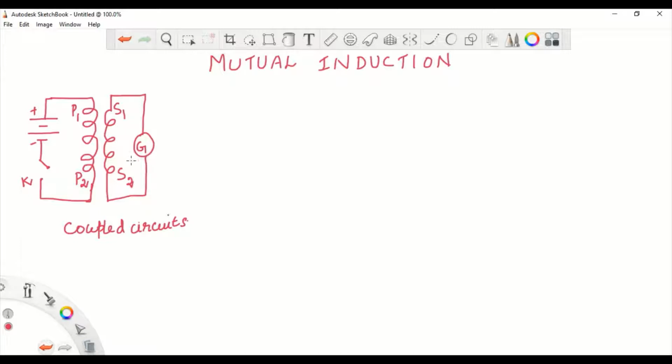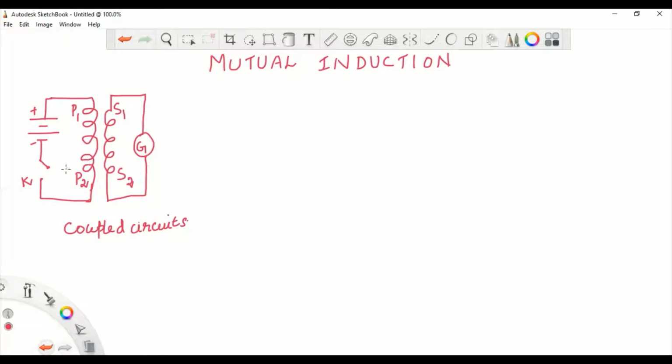So what is happening here? Now I will give you the complete explanation. When we press the key, the current in the primary coil begins to increase from 0 to maximum. So during the growth of the current, the magnetic flux linked with the primary begins to increase.